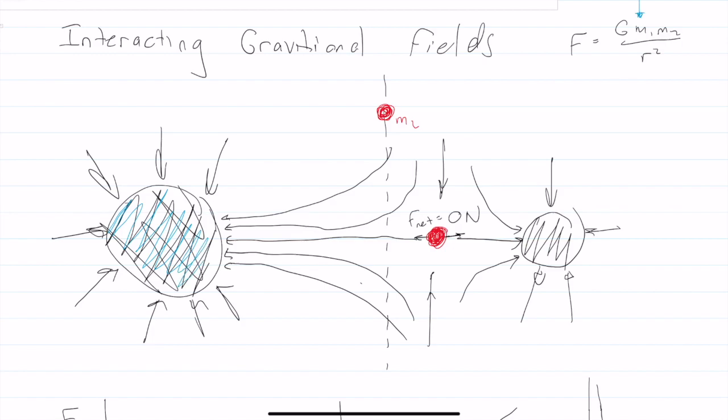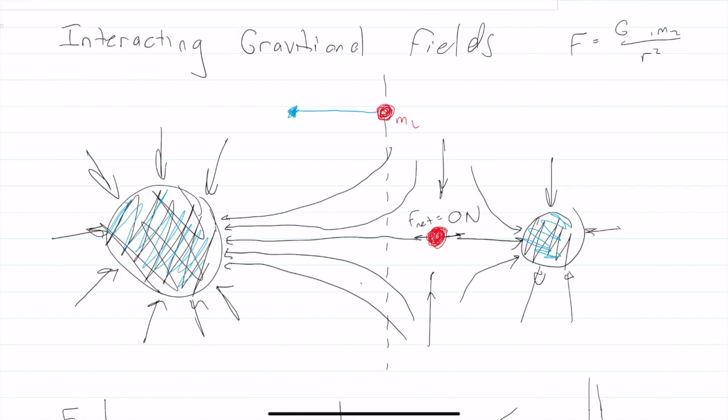Looking at our equation, the force from the bigger planet is going to be quite large when compared to the smaller mass, which will result in a smaller force. So we're going to have a smaller force to the right. At the end of the day, this body will accelerate towards the left, because we have unequal, unbalanced forces.